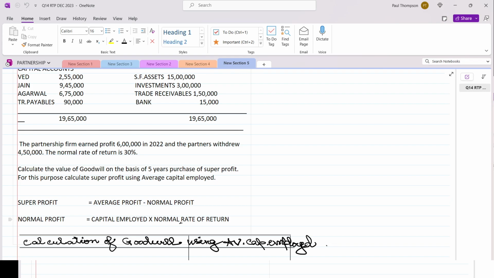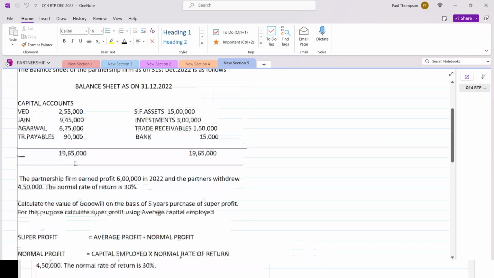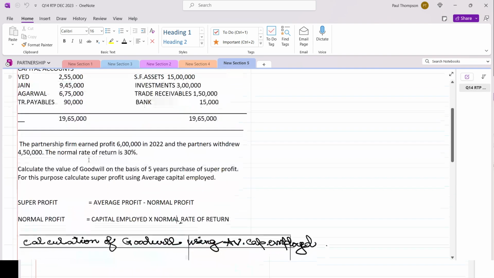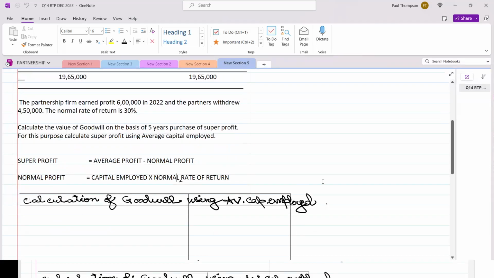But in this question, they have asked us to use the average capital employed. Now here we are given the balance sheet as on 31st December 2022. It means this is the closing capital. We have to find out the average capital employed.